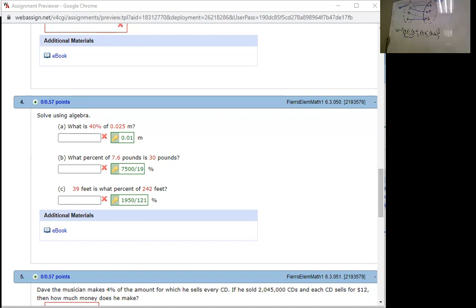So here the left side lists the domain, the right side of the diagram lists the codomain or the range. And this indicates that it's not a function.